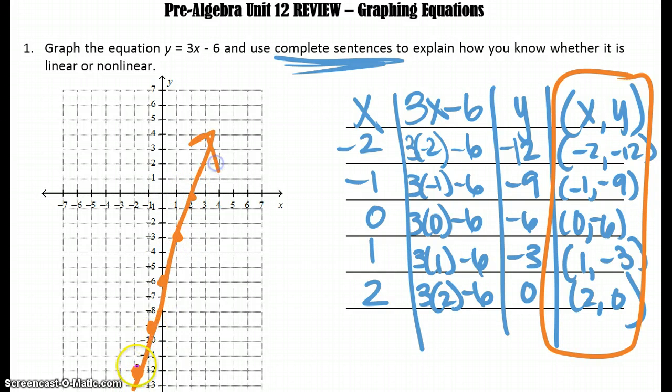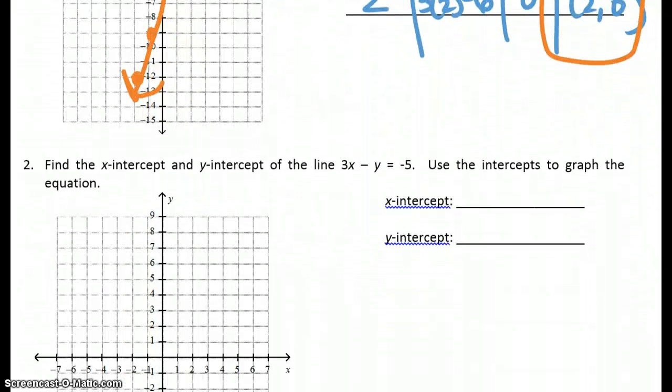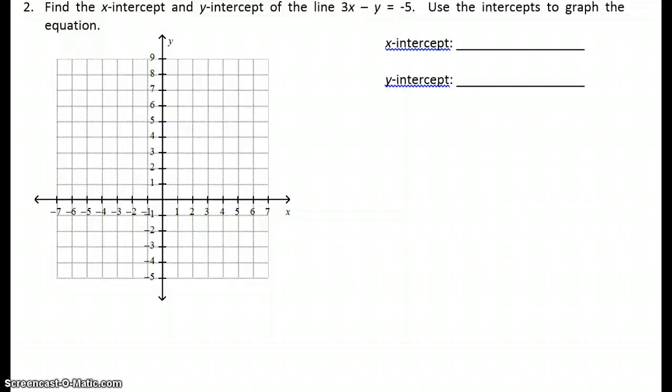These are the points that you graph. So you need to explain why this is a linear equation. This is a linear equation because it has a constant slope. There are no curves, something along the lines of that.